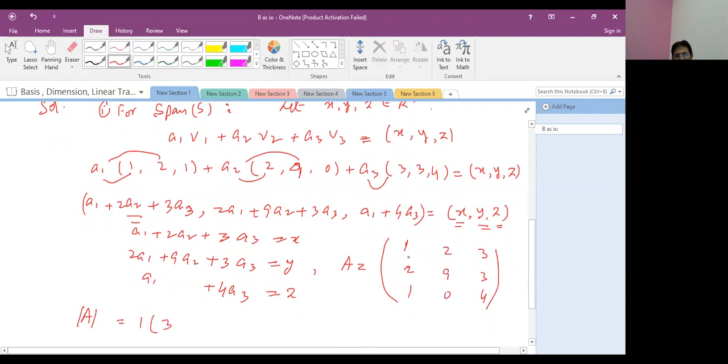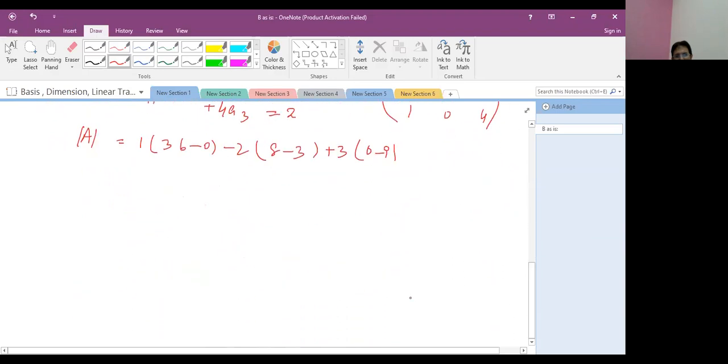Expanding along column 1, 1 times (9 times 4 is 36 minus 0), minus 2 times (8 minus 3), plus 3 times (0 minus 9), and find the result. It is 36 minus 10 minus 27, so 36 minus 37, which is equal to minus 1 and not equal to 0.